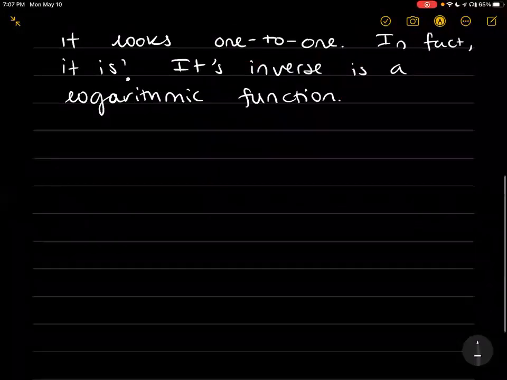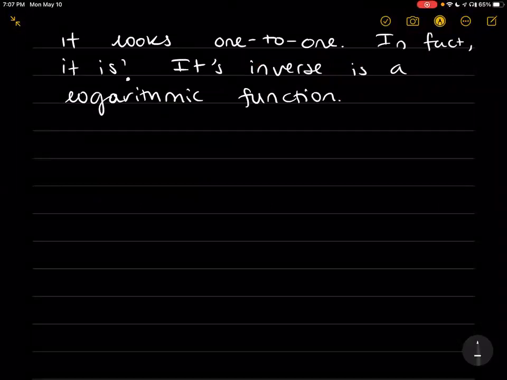So let's go ahead and define what a logarithmic function actually is. We're going to have some number a greater than or equal to 0.